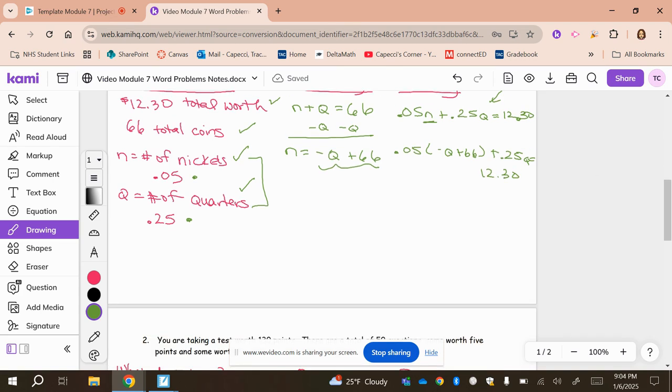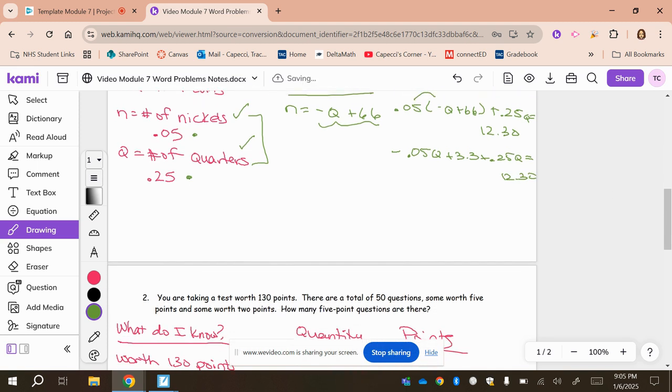Now I'm going to distribute this 0.05, so that gives me negative 0.05 Q plus 3.3 plus 0.25 Q, and that's equal to 12.30. Now I'm going to combine my like terms, my negative 0.05 Q and my 0.25 Q, and I end up with 0.2 Q plus 3.3 is equal to 12.30.